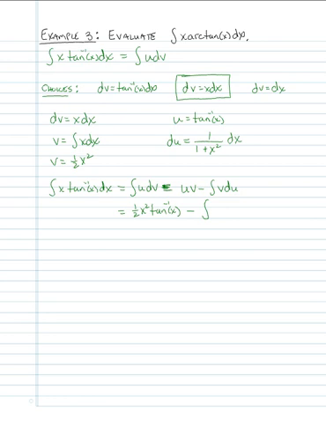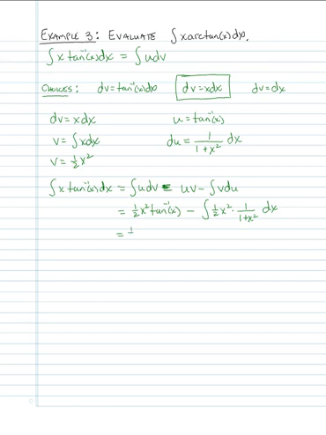Now what do we have? The integral of v du, and v is 1/2 x squared, and du is 1 over 1 plus x squared dx. Well, this might give us pause.